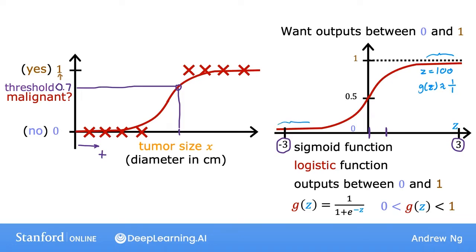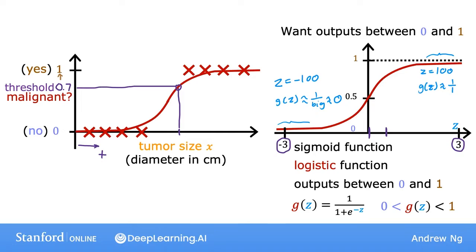And conversely, you can also check for yourself that when z is a very large negative number, then g of z becomes 1 over a giant number, which is why g of z is very close to 0. So that's why the sigmoid function has this shape, where it starts very close to 0 and slowly builds up or grows to the value of 1.